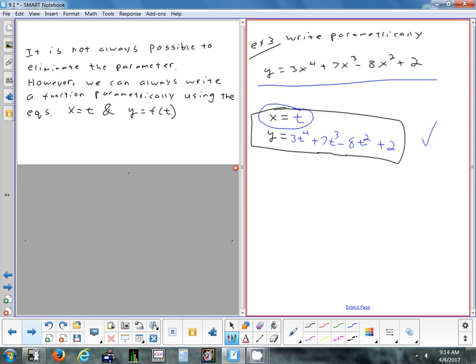It's a little harder if I said, don't let x equal t. Like if I said, let x equal t plus 1, now come up with y. It's a little harder, not too much harder, but you have to think about it a little more than just changing x's to t's.